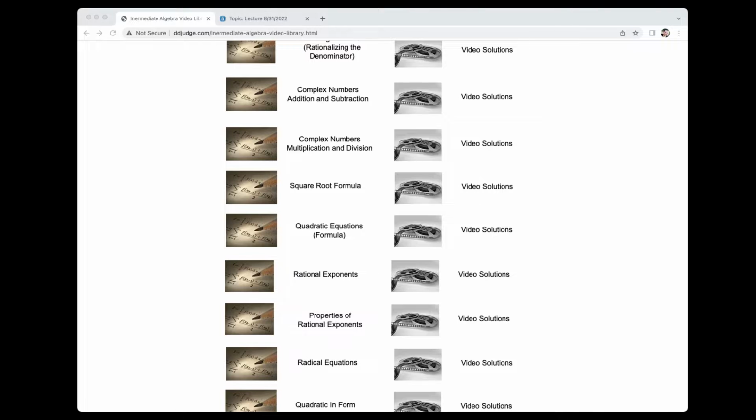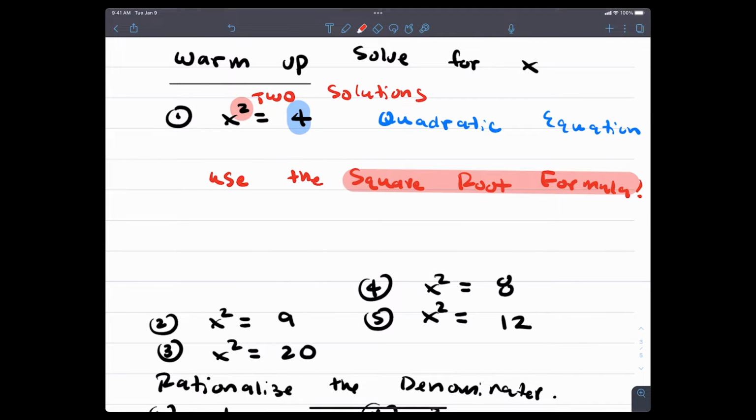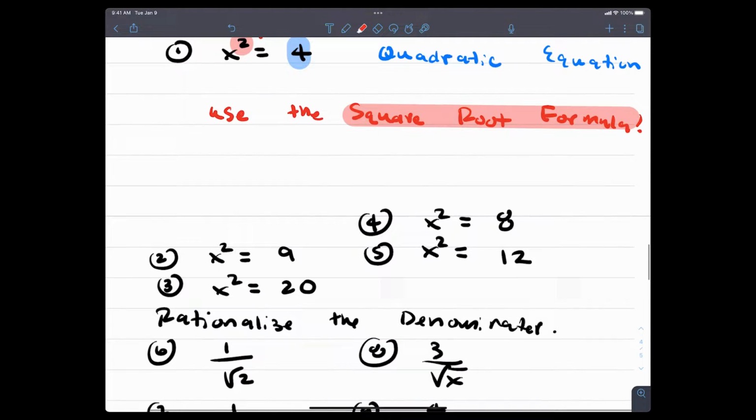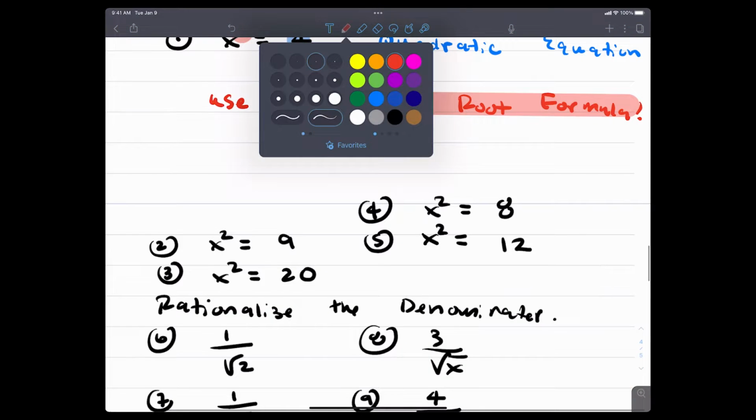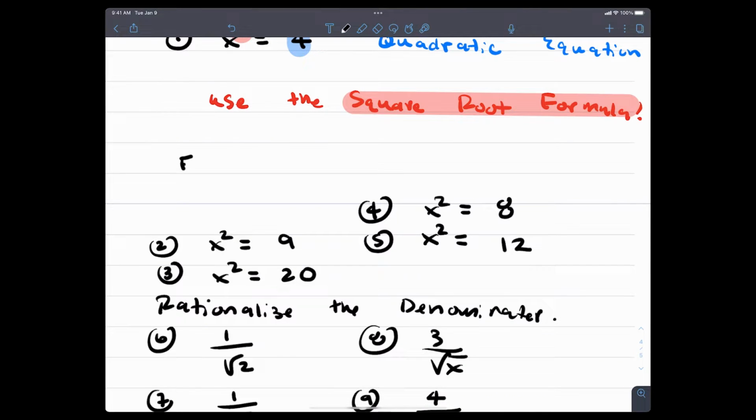Comment section. All right. Now, let me tell you what the square root formula is. I write it down as a fact, and you guys want to know this fact because there's a couple of nice facts here. If you have x squared equals n, you might say, what in the world is n?